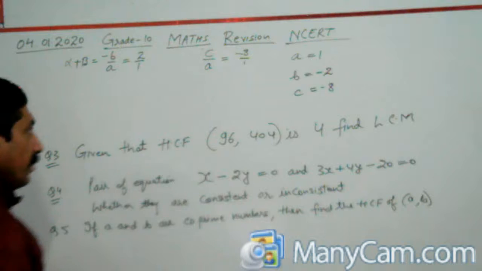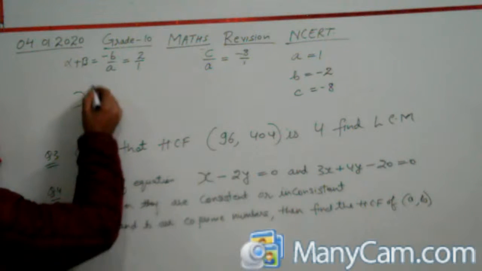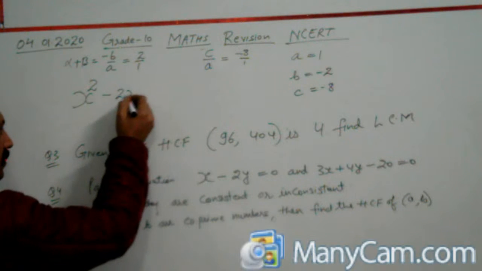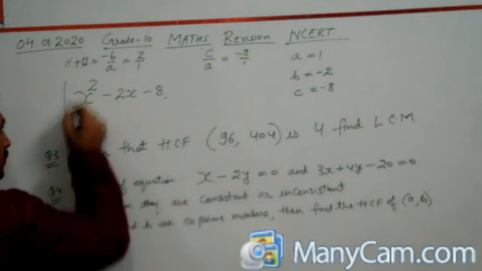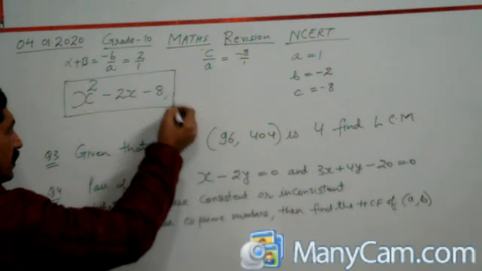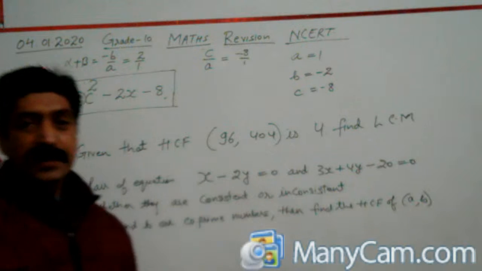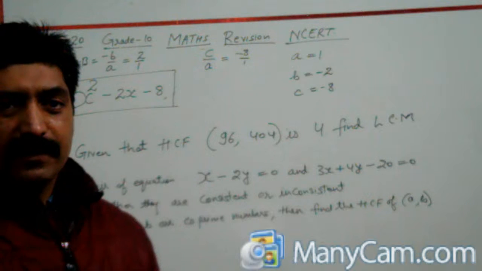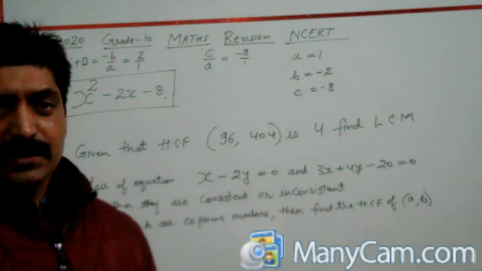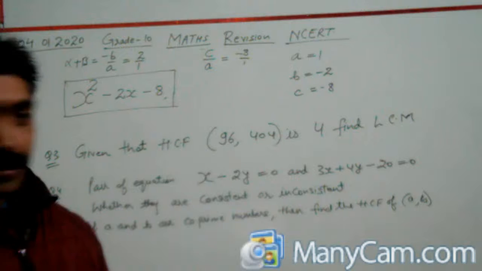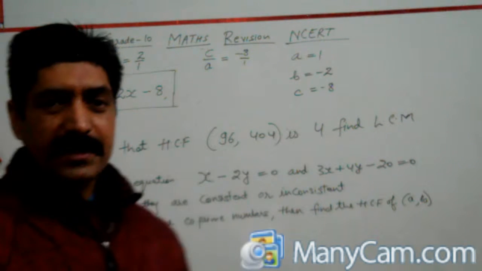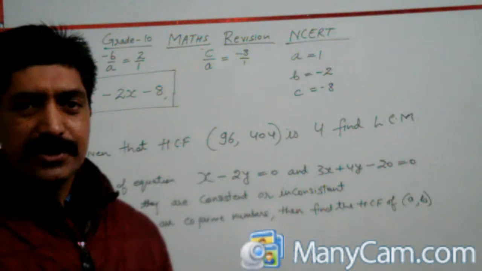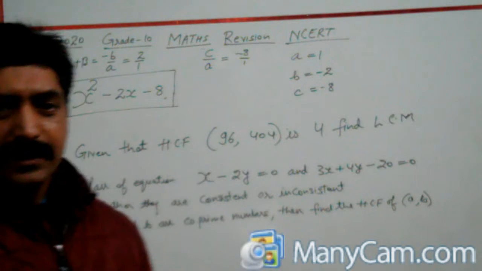So the quadratic polynomial here is x square minus 2x minus 8, right? This is the quadratic polynomial whose sum of the zeros is 2 and the product of the zeros is minus 8. We have the relation that the sum of the zeros is equal to minus b upon a, and the product is c upon a. This kind of question is always there in the exam, so you have to find the relation between the coefficients.